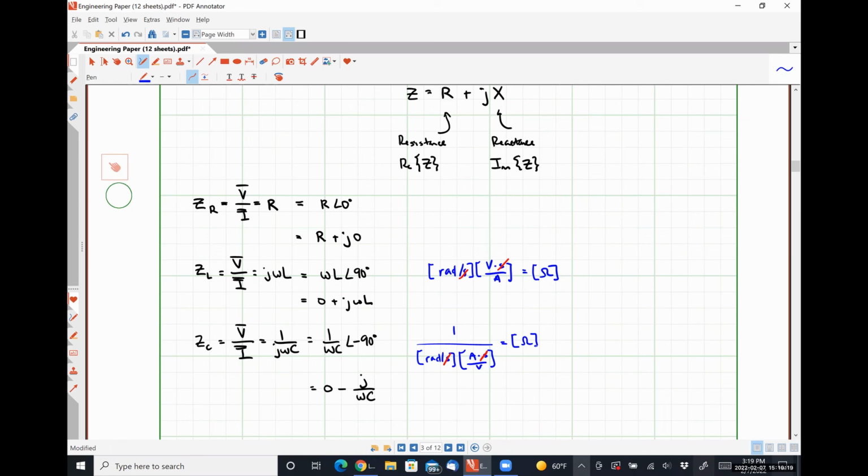We no longer have to memorize different rules for how to combine our elements. Everything combines like resistors in the frequency domain, as long as we're dealing with impedances. So I can have capacitors in series with inductors, all that kind of good stuff, and just lump it all together into a single equivalent impedance.